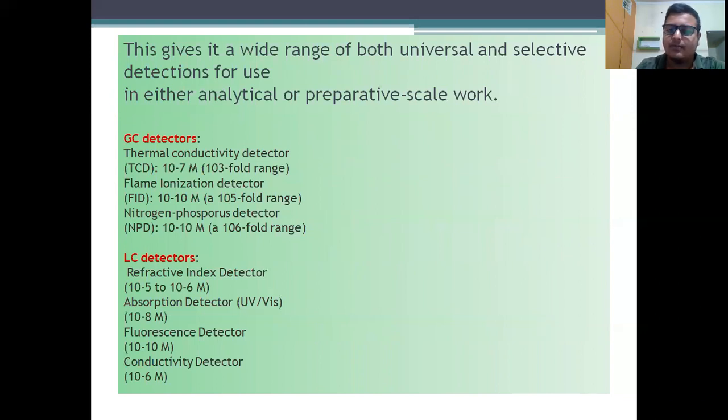So we can select from a wide range of detectors, universal or selective, to perform any separation technique or separation mechanism for the given solute molecules. Some widely used gas detectors are thermal conductivity detectors, flame ionization detectors, and nitrogen or phosphorus detectors. Some widely used liquid detectors are the refractive index detector, absorption detector, fluorescence detector, and conductivity detector.